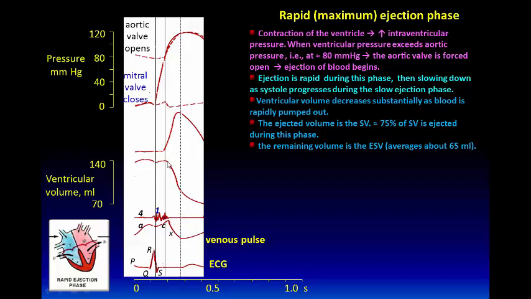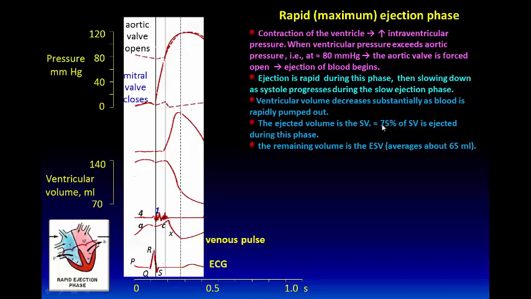And when ejection of the blood begins, left ventricular volume decreases. Ejection is rapid during this phase and then slows down as systole progresses during the subsequent slow ejection phase. So ventricular volume decreases substantially as blood is rapidly pumped into the aorta, and the ejected volume of blood, the stroke volume, is about 70 milliliters of blood.